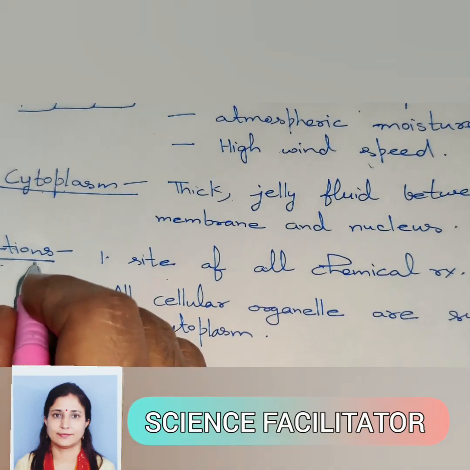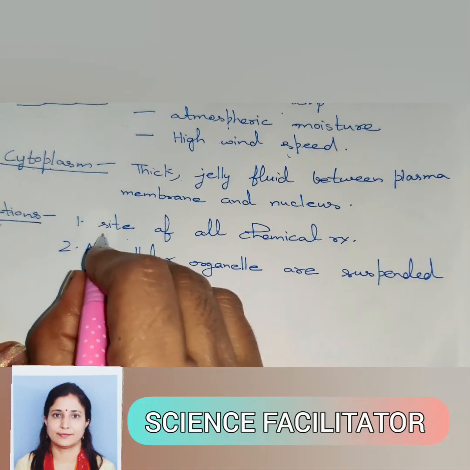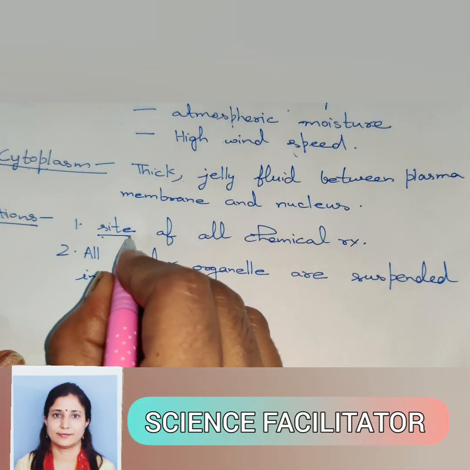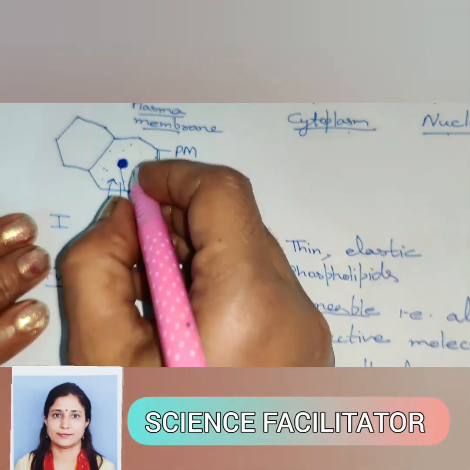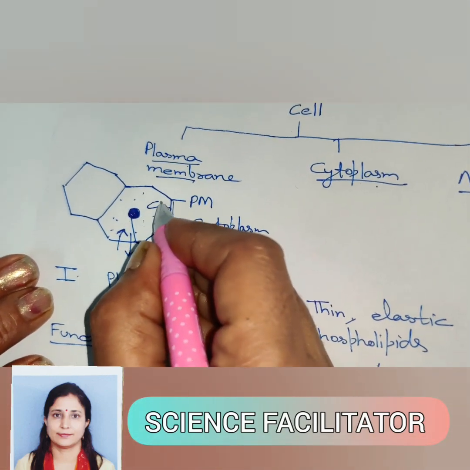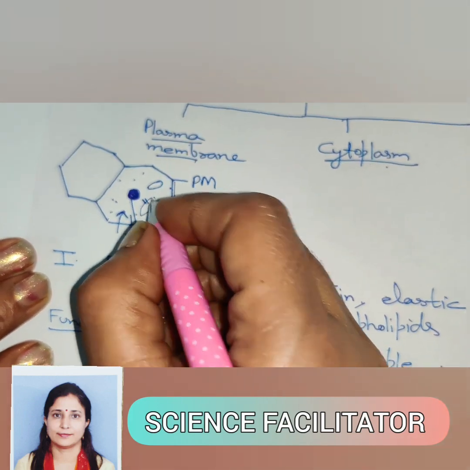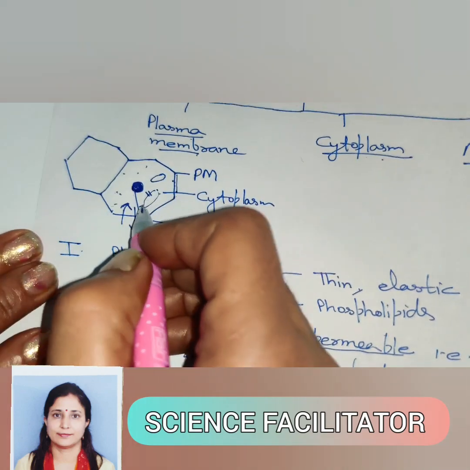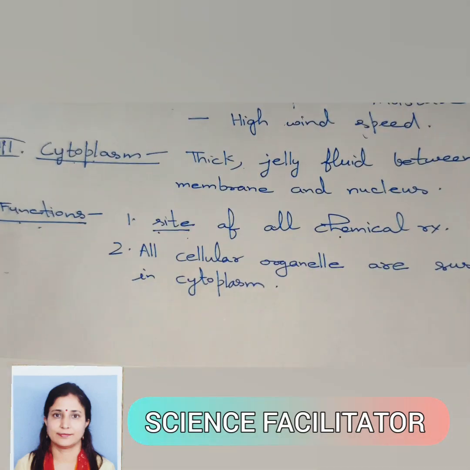Let's discuss the main roles of cytoplasm. It is the site where whatever chemical reactions are occurring in the cell, they are occurring within the cytoplasm. And all cellular organelles like the mitochondria, endoplasmic reticulum, all the organelles are suspended within this cytoplasm only. So these are the two main functions of cytoplasm.